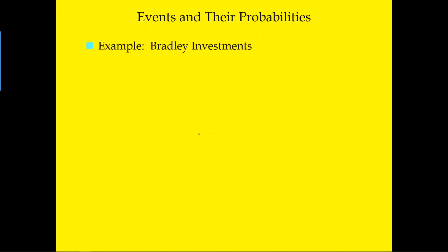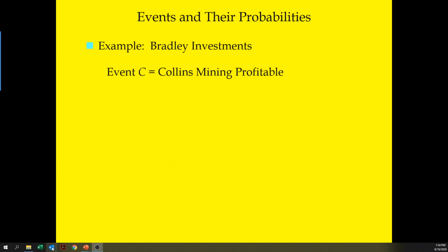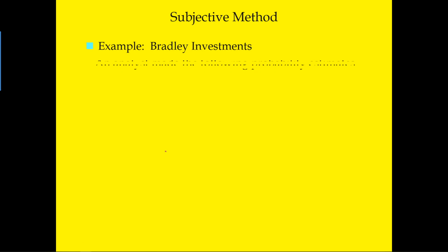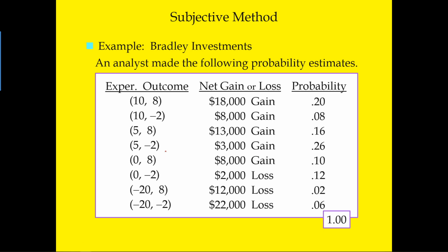How about another event? This event is called coal mining being profitable. We follow the same steps. We go back to look at our Bradley oil investment outcomes and try to identify which outcomes indicate coal mining is making money. So we focus on the second entries. We identify this one, that one, this one, that one.